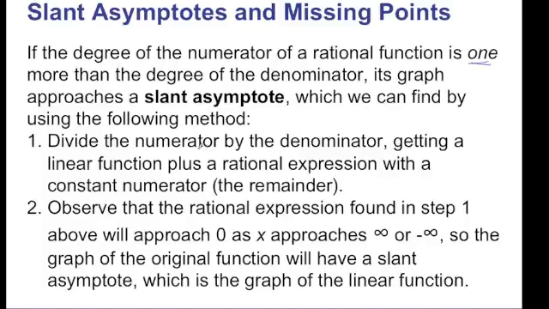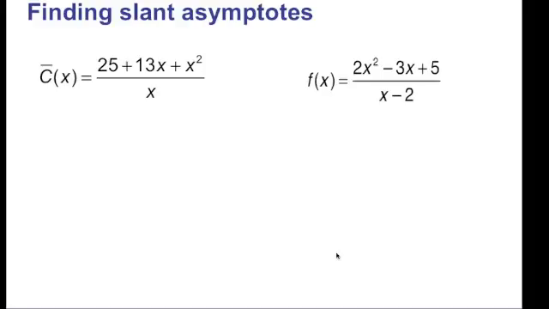We divide the numerator by the denominator, getting a linear function plus a rational expression with a constant numerator. That's basically our remainder. Observe the rational function found in step 1 as x approaches infinity or negative infinity, so the graph will have a slant asymptote, which is the graph of the linear function.